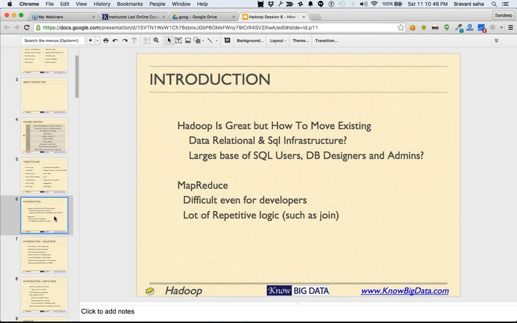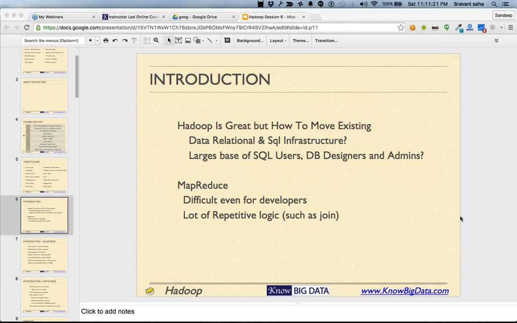Even if people learn these new tools, moving the existing infrastructure is almost 2 decades of work. It'll take like 20 years to translate their last 40 years of work. Therefore, people realized that instead of doing that, let's adjust to SQL, and that's where they created Hive.